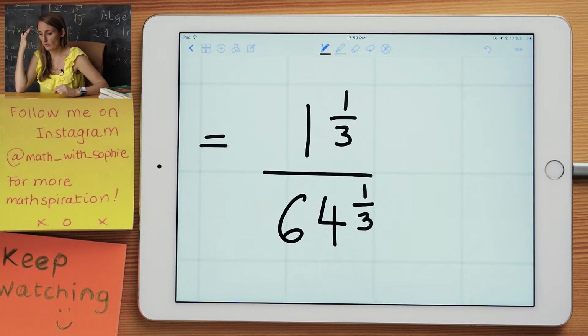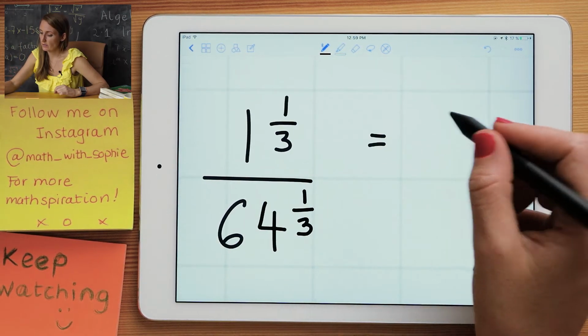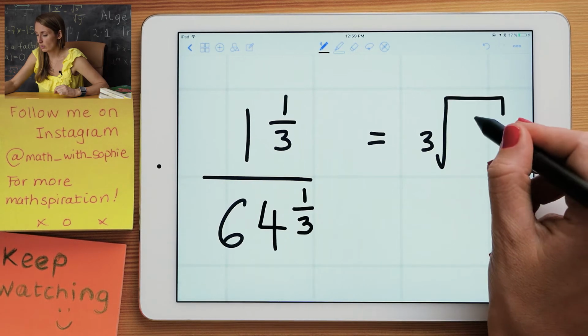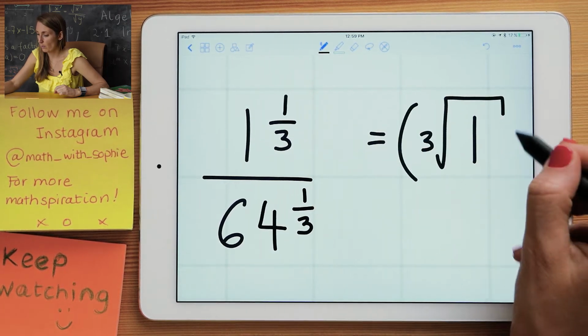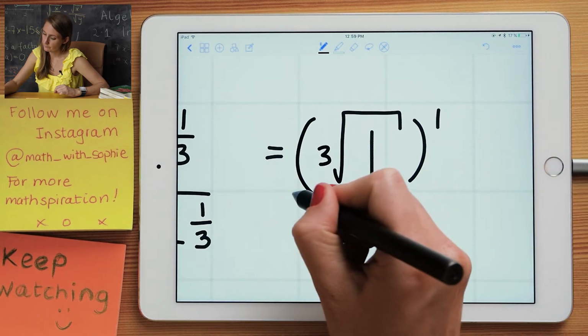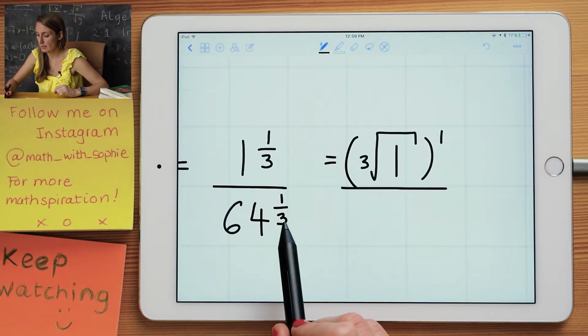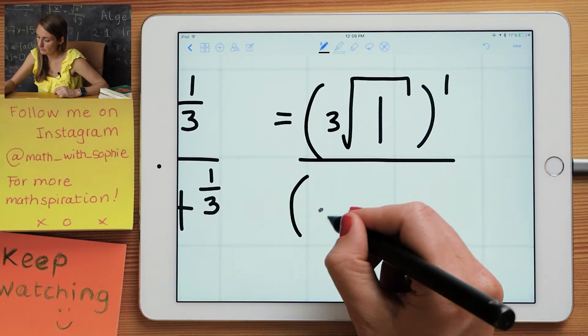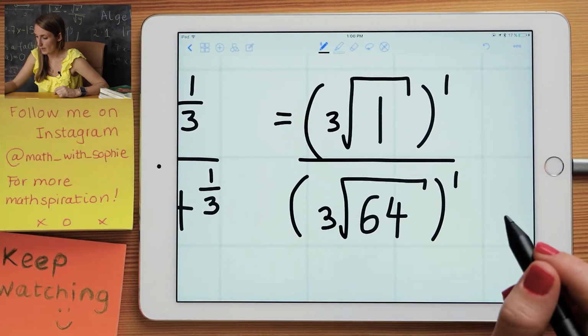Now we need to think back to what we learned in the fractional indices videos. So we need to say that the bottom number is the root, so that's the cube root of 1 to the power 1, and the cube root of 64 to the power 1.